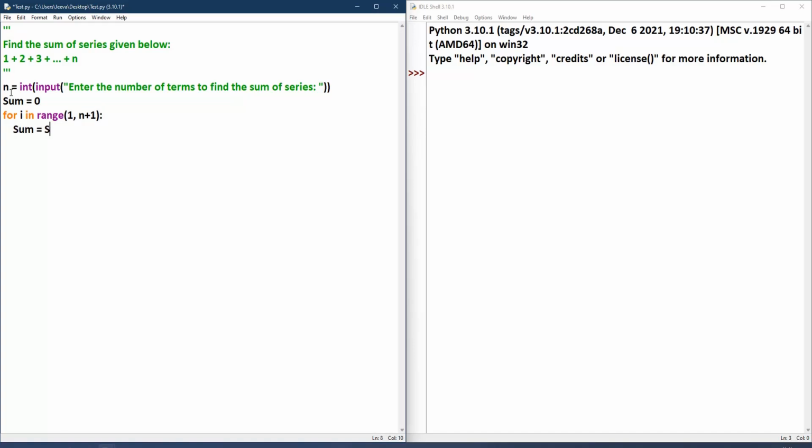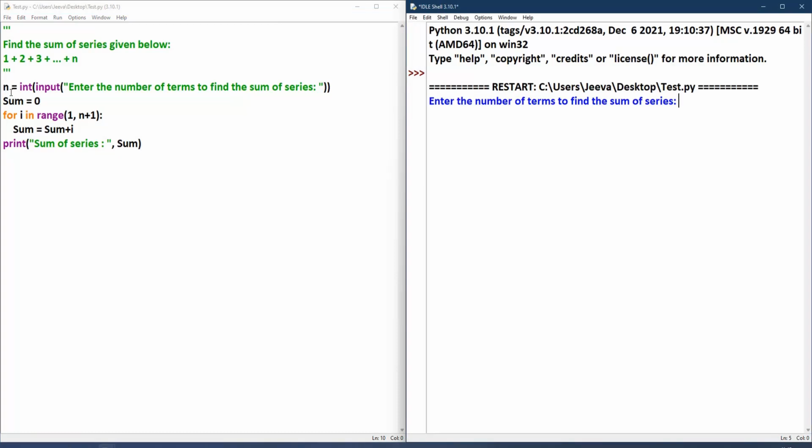Sum is equal to sum plus i. Once it is done, we will be printing the output outside the for loop. Let us execute this.